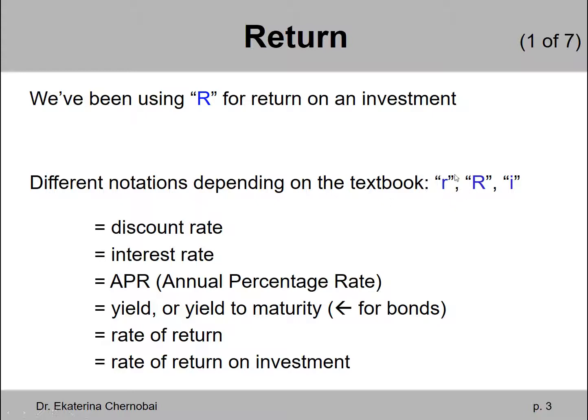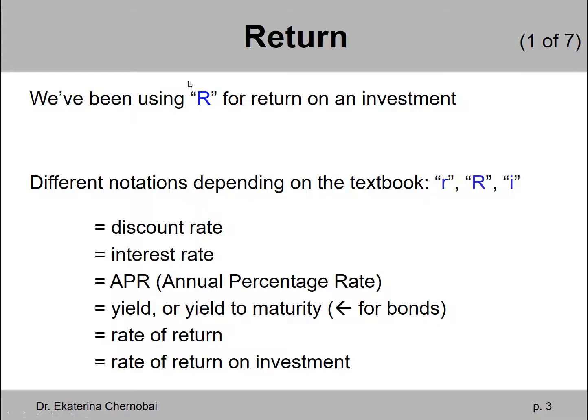So it could be not just capital R, it could be lowercase r, which stands for return. It could be lowercase i, which is also very common. i stands for investment or interest rate, actually. So it's not always capital R, like in our textbook. It could be other notations, but lowercase r, capital R, and lowercase i are the most commonly used notations to indicate the return on an investment.